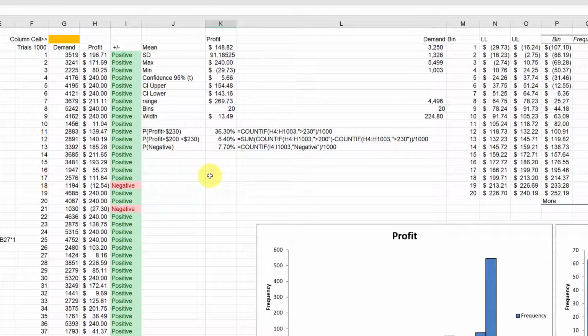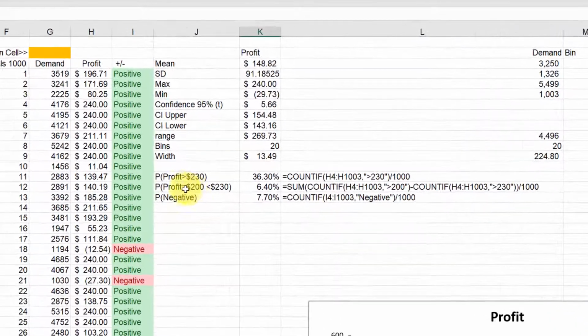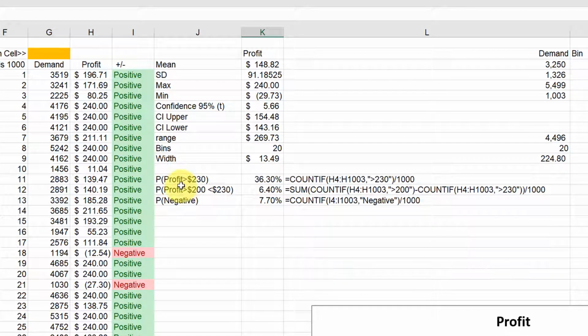And what I did, I asked the question, what is the probability that the profit will be greater than $230 in this case? And to find out, we just use the COUNTIF function. And in our range for profit here, in our H column, from H4 to H1003, that's our 1,000 output values, we run a test, and if we're testing against a value, we need to enclose it with the double quotation marks.